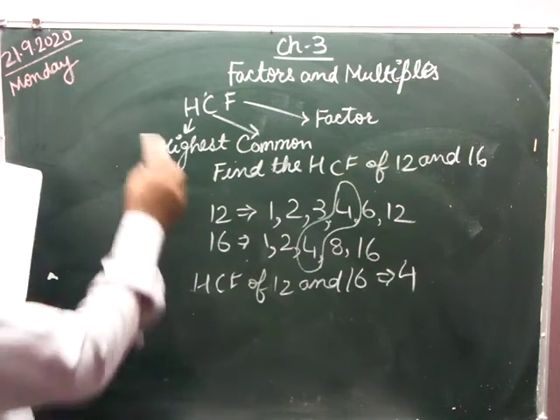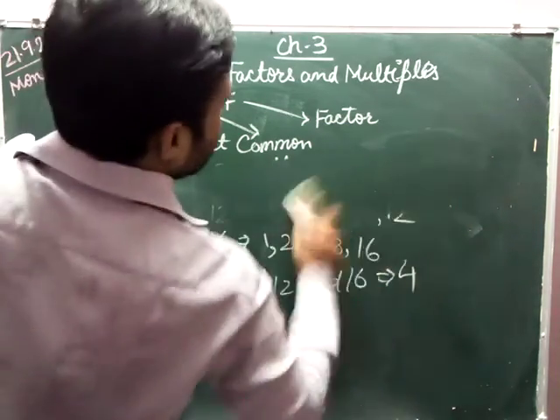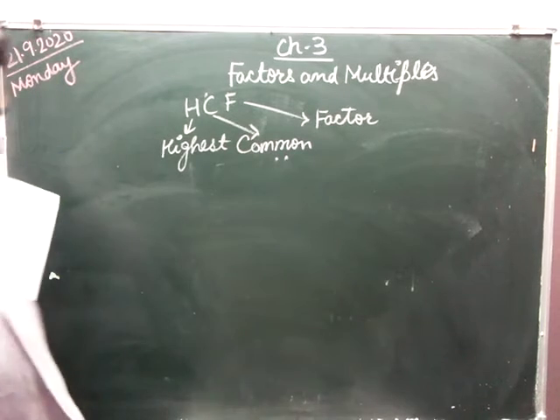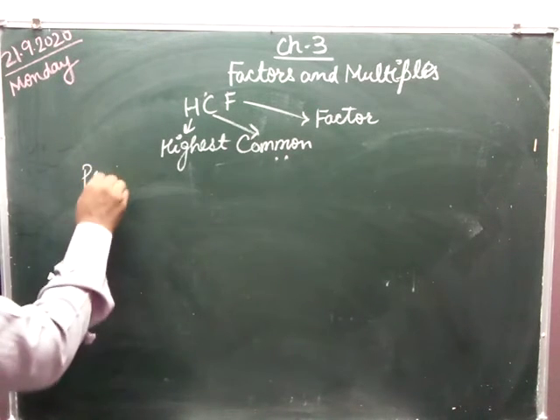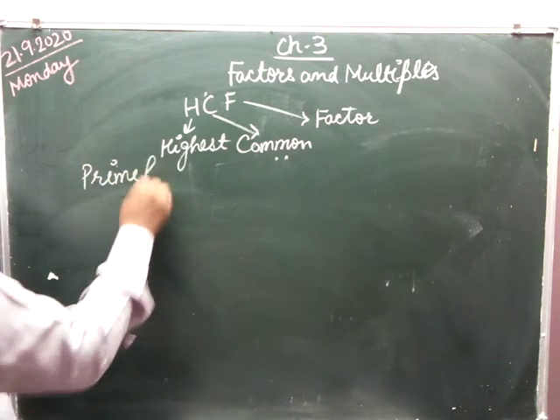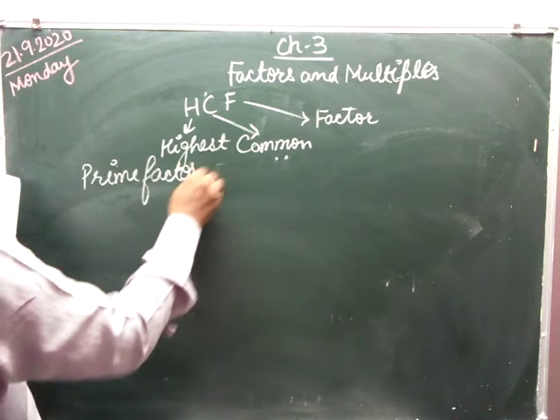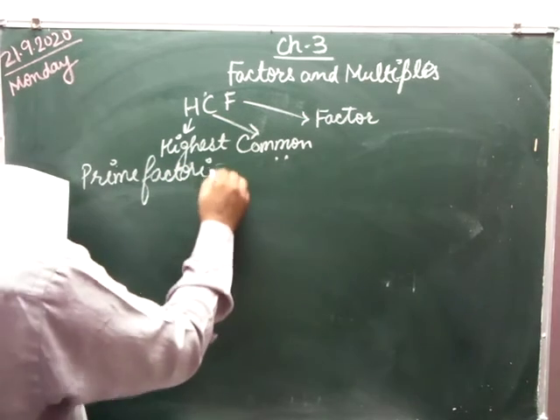Now the second method for finding the HCF is the prime factorization method.